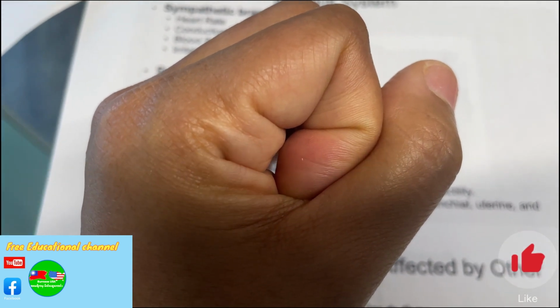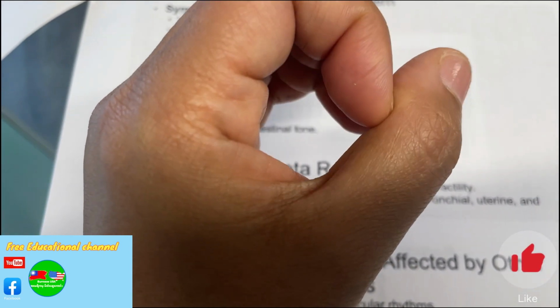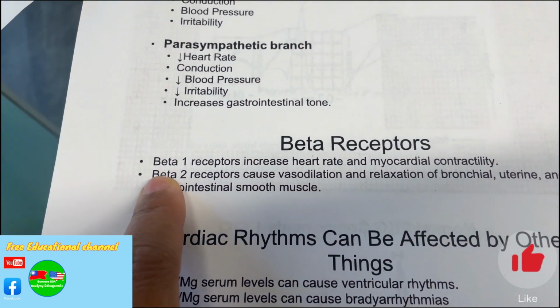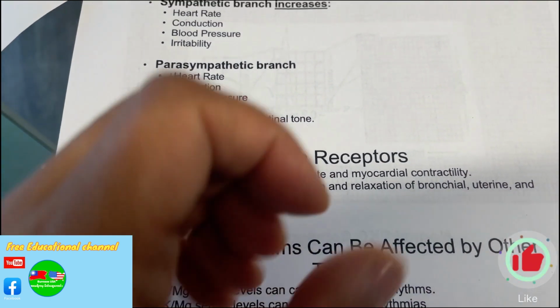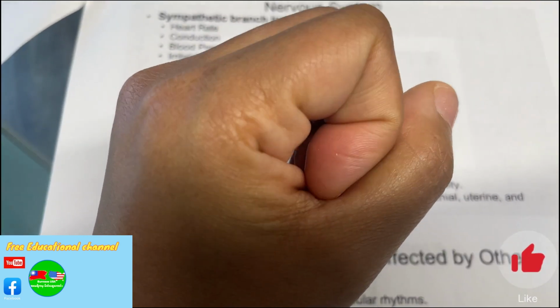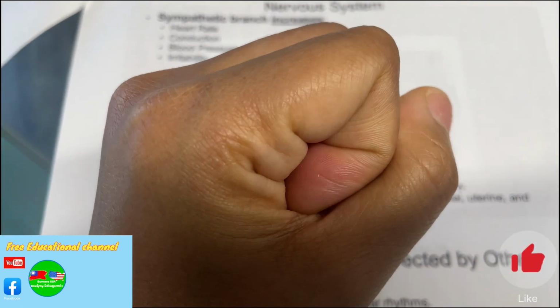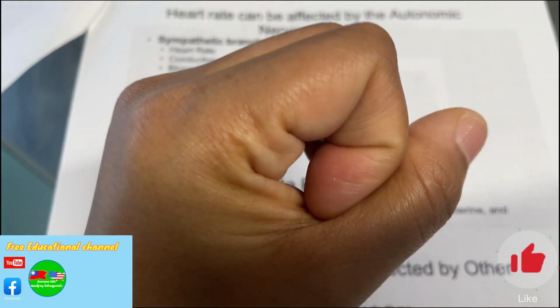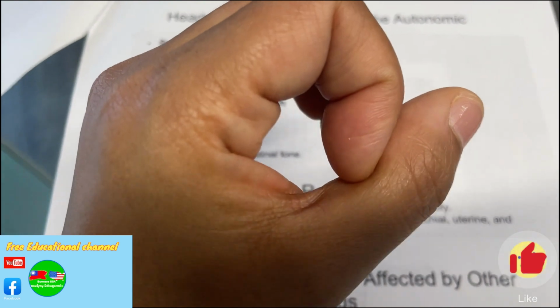So a bronchodilator like albuterol will act on the beta 2 receptor, and it will make the constricted smooth muscle of the windpipe bigger, so then she can breathe, right?